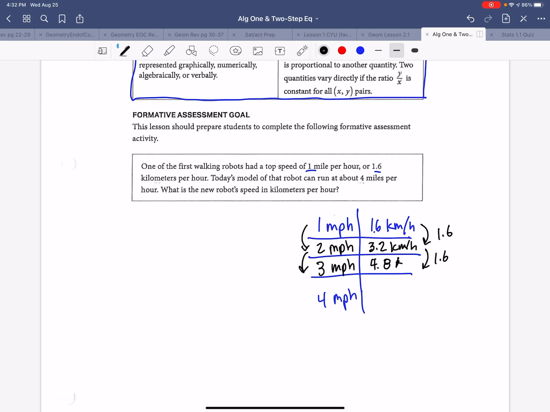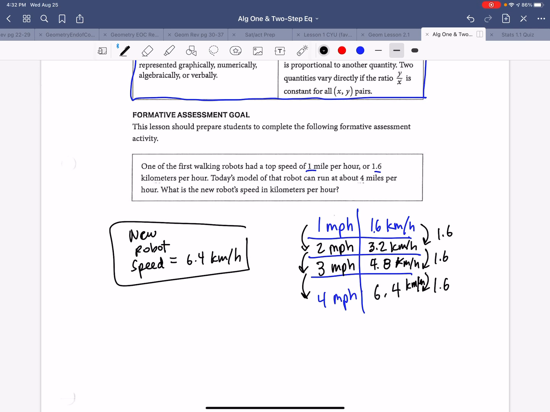And we could do this with smaller numbers. And so there is our answer. The new robot speed should be 6.4 kilometers per hour, right?